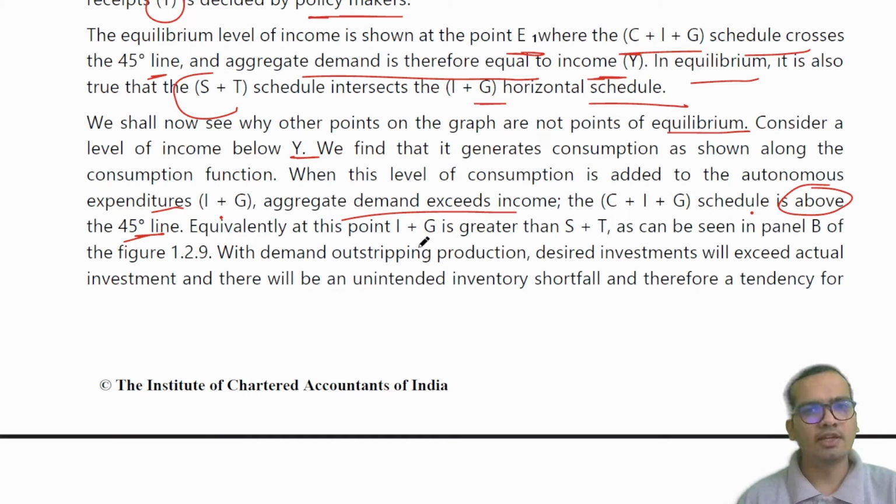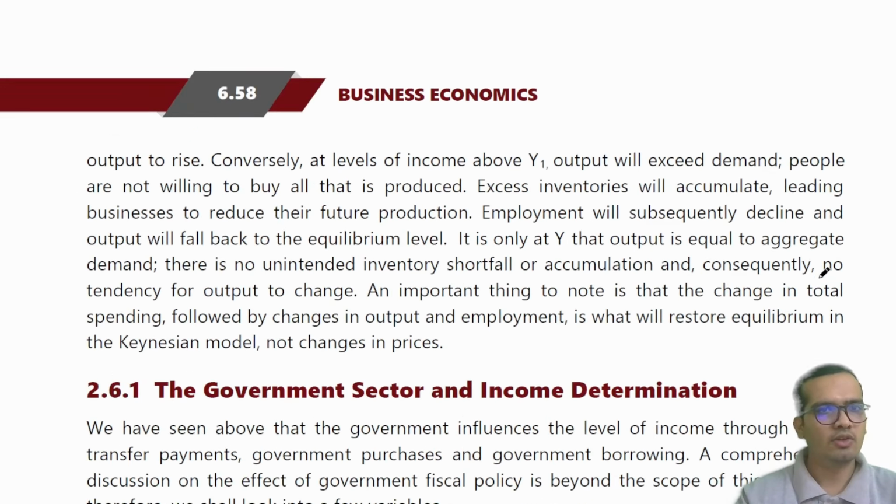Equivalently, at this point I plus G is greater than S plus T. That can be seen in panel B in figure 1.2.9. With demand outstripping production, desired investment will exceed actual investment, and there will be an unintended inventory shortfall and therefore a tendency for output to rise.